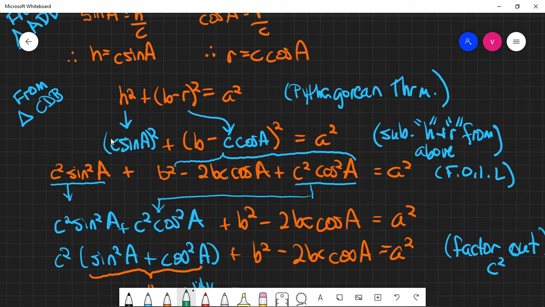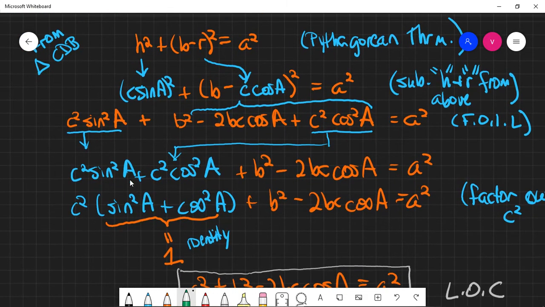Also, (c sine A) squared is c squared sine squared A. These two are the same thing. Now we took this with the underline and that with the underline, and I just grouped them together over here. We just rearranged things for a minute. Now that we have these together, they both have a c squared in them. Factor out the c squared.